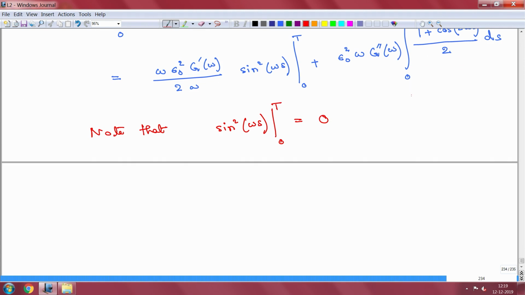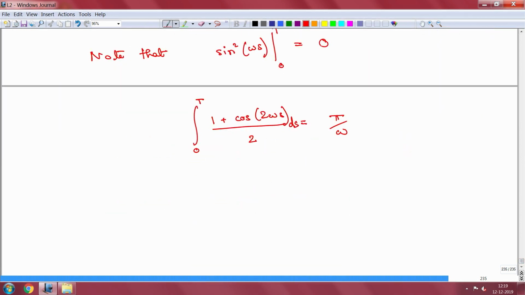And for this other functional form, if you evaluate the integral from 0 to T of (1 plus cosine of 2 omega s) by 2 ds, you can show that this should come out to be pi by omega. That should be rather easy to see, right, because when you integrate this first part you will get a linear term, and then this is again a sinusoidally varying term which will basically cancel out.